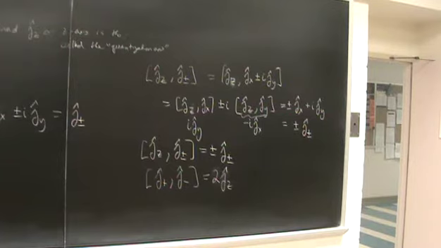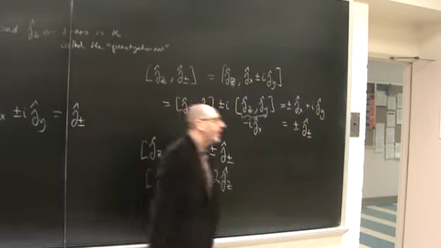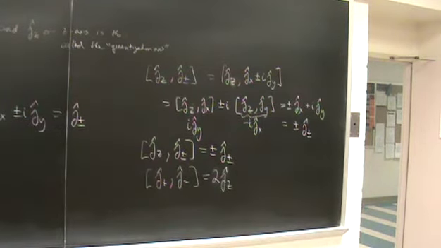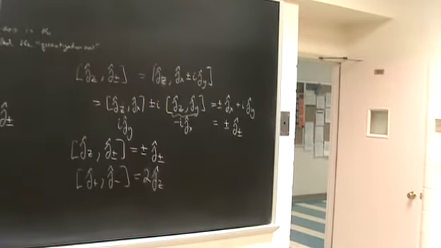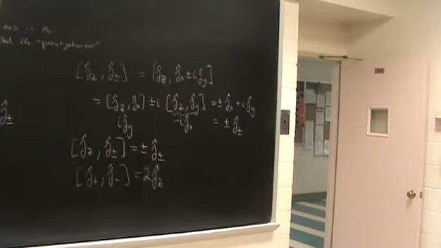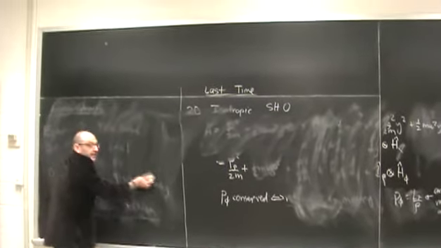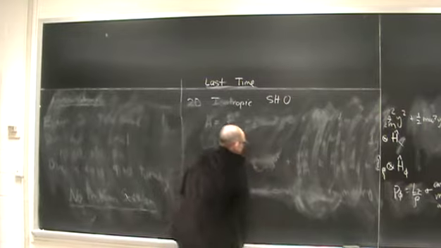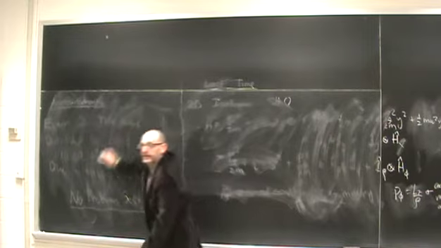So, with these commutation relations in hand, we can solve the eigenvalue problem algebraically using a method exactly like we did in the simple harmonic oscillator with raising and lowering operators. We already solved the LZ angular momentum problem with differential equations, but now we're going to do it algebraically.